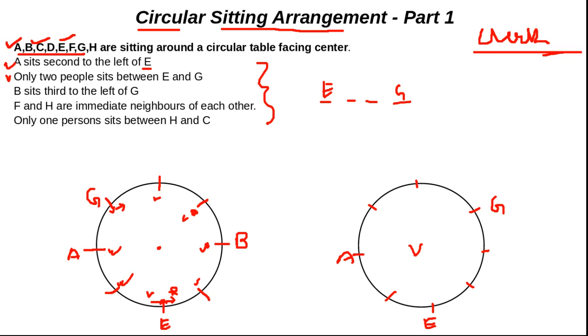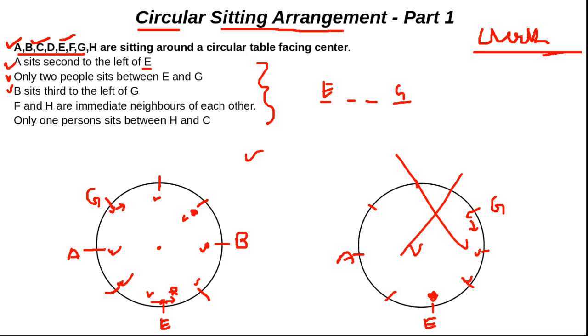In the other case, G's left will be in this direction, so B will be seated first, second, third, in this position, but we already have E seated here. So 2 people cannot sit in the same place. So this case is wrong. We'll continue with only the first case.